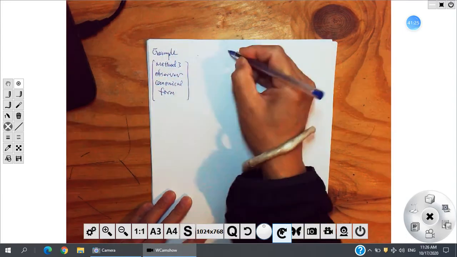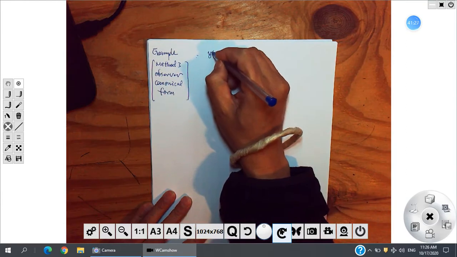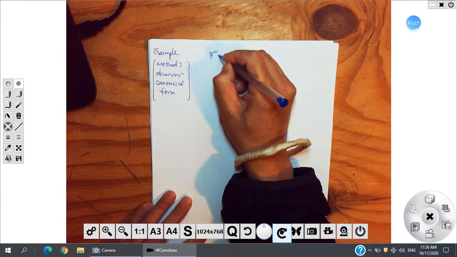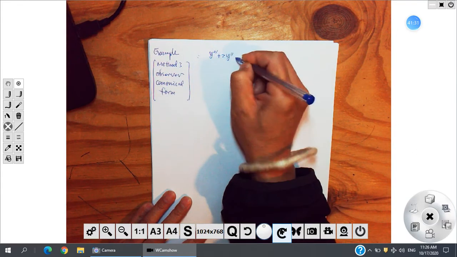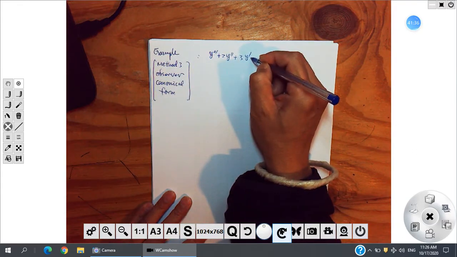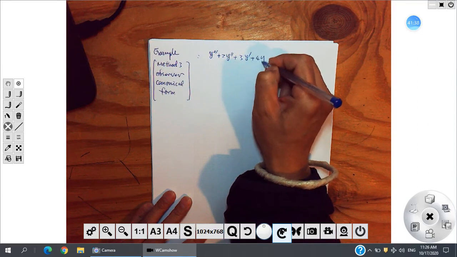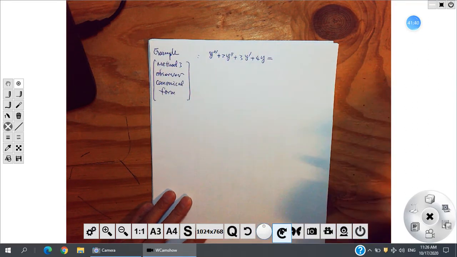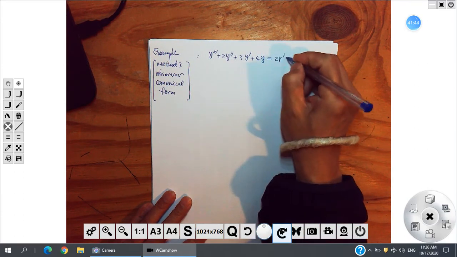We still use the same equation: y with third order derivative plus 2 of y second derivative plus 3 of y first derivative, and 4 times y itself equal to 2 of r prime plus 3r.